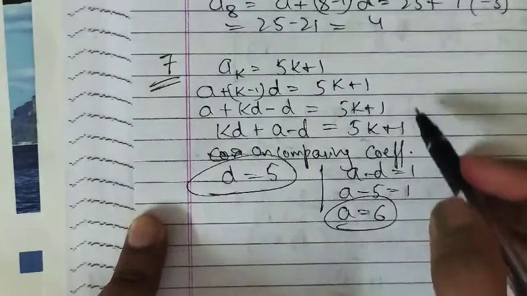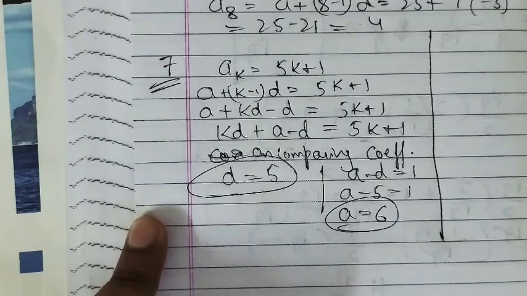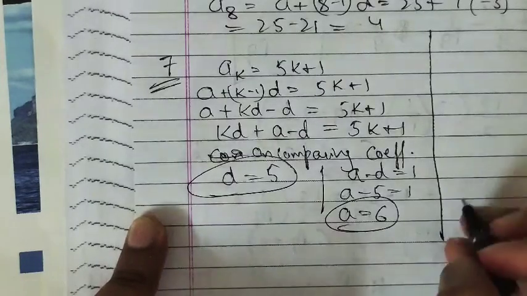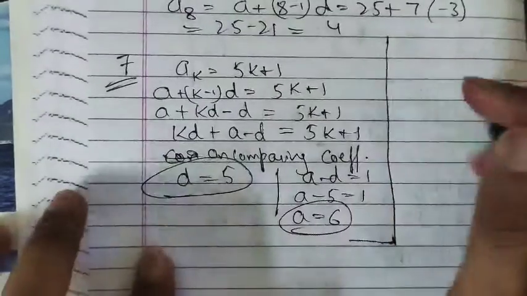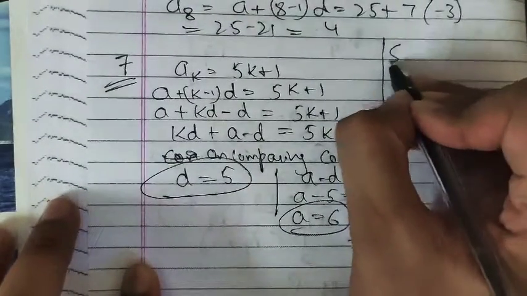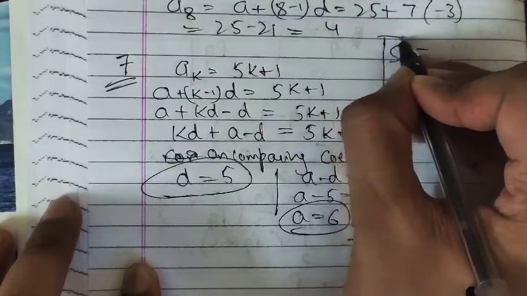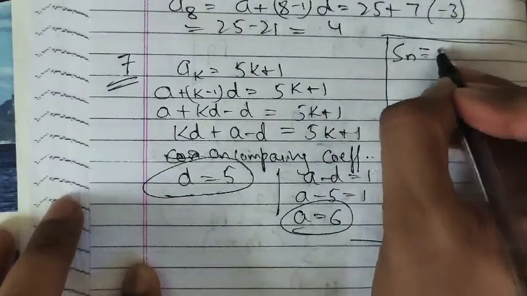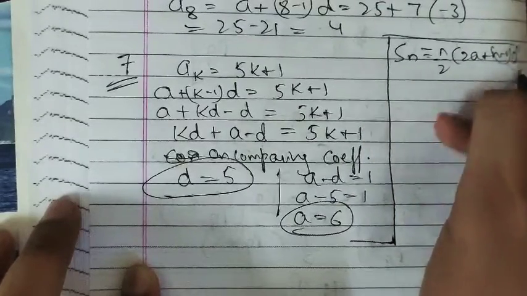So a is 6 and d is 5. So we have to determine the sum of n terms. So Sn is equal to n by 2, 2a plus (n - 1)d, right?